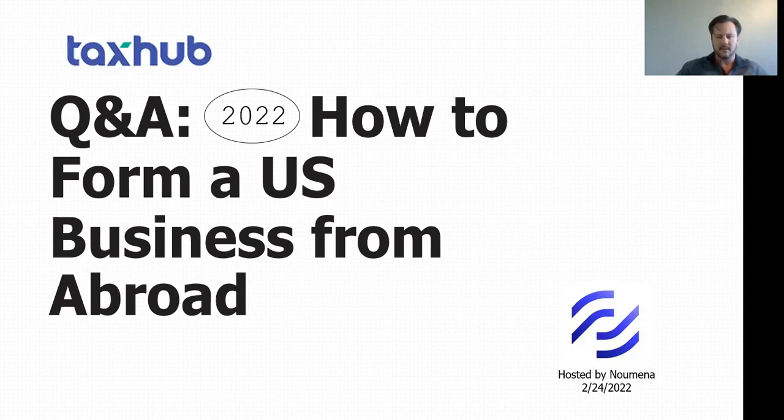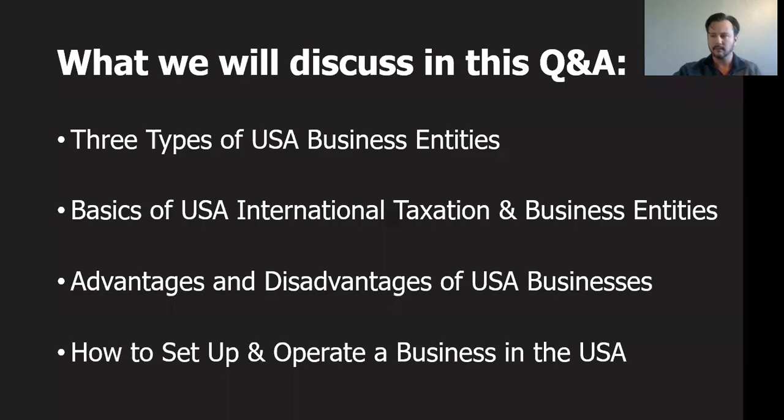And there's a lot of advantages to forming a US entity. So hoping we can provide a general, kind of an insider's overview of what it is, how to start a business, the advantages, and what you can do to get one going and engage in one. Here's kind of an overview of what we'll discuss.